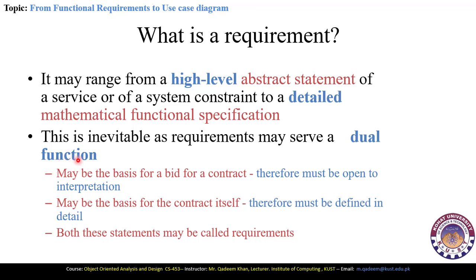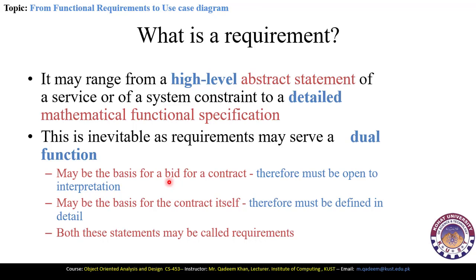That means that first of all the user requirements act as a bid for the contract. This means that the user requirements work as a ground for the bidding purpose. If we have more requirements, then there will be a high value of the project, and also it has a high cost.